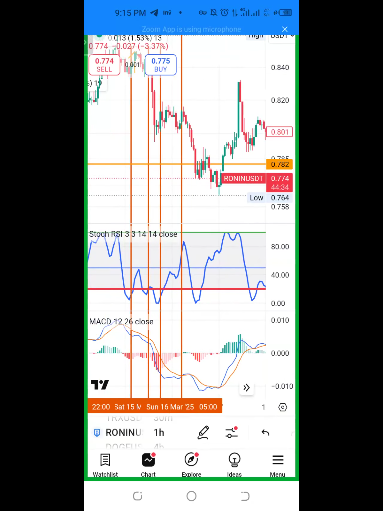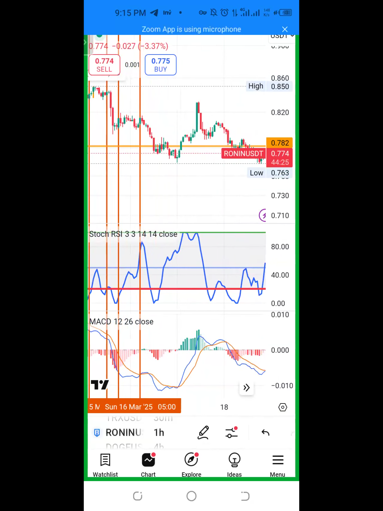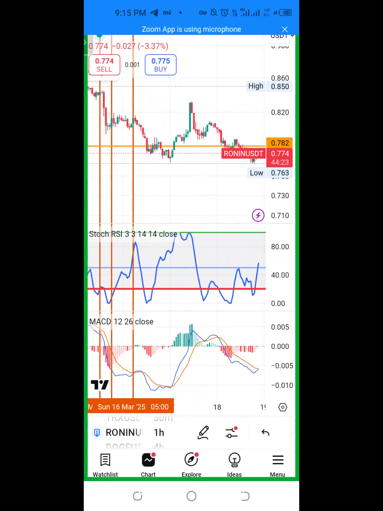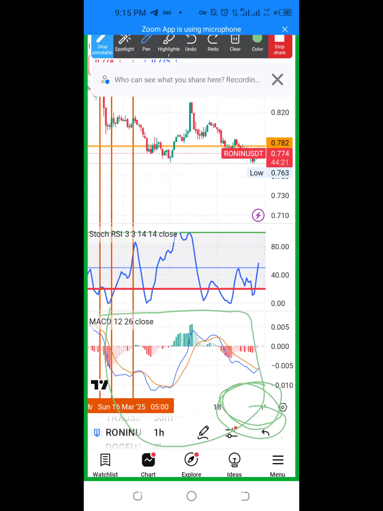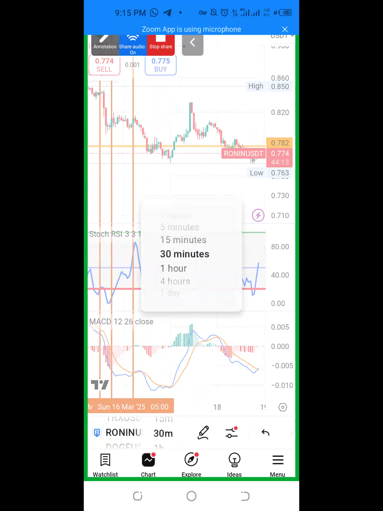See all those vertical lines that I marked. Now see this, this is a golden cross here. This is a golden cross here.